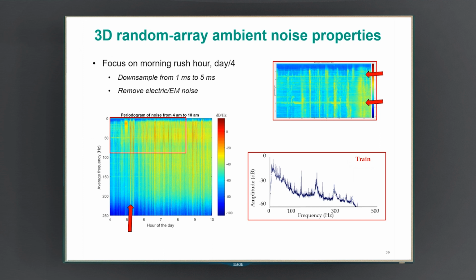And what can also be noted is that most of the energy that is induced by the trains is in the low frequency part. So with this in mind, we downsample our data down to 5 milliseconds and start the process of retrieving passive noise data by removing this electric EM noise contamination of the monochromatic frequencies.